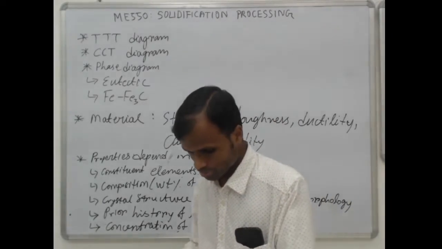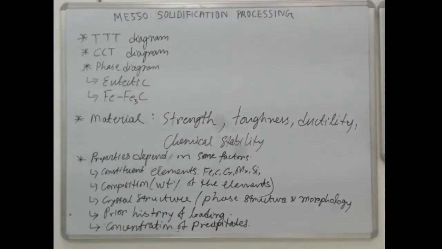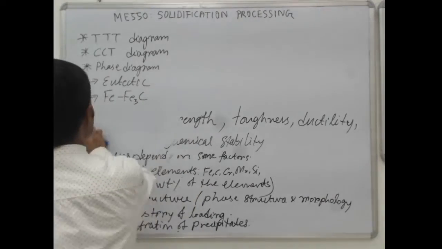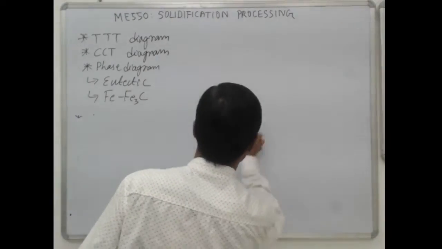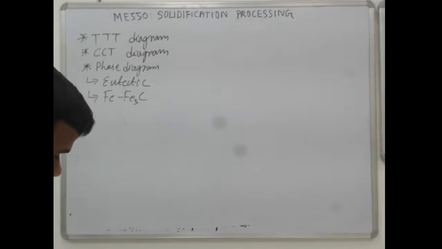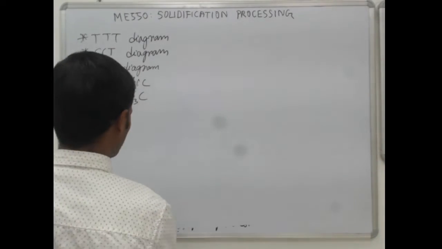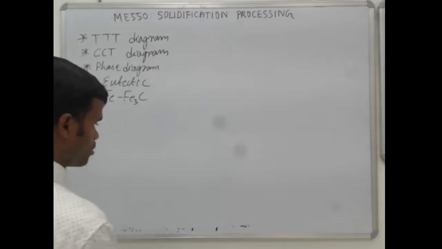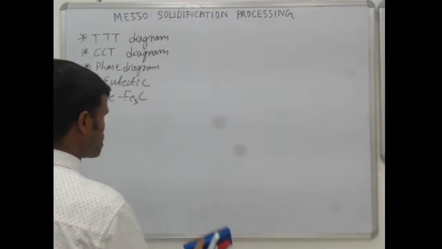Now, the TTT diagram. Whatever properties we wrote here, most of this can be changed by doing heat treatment.